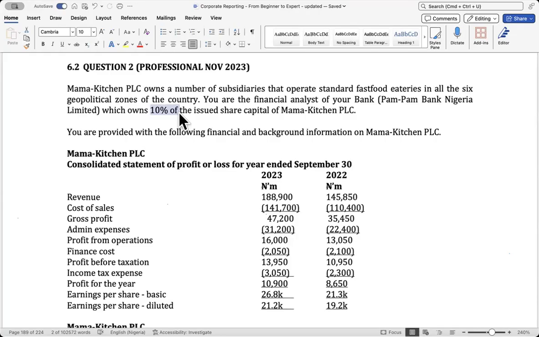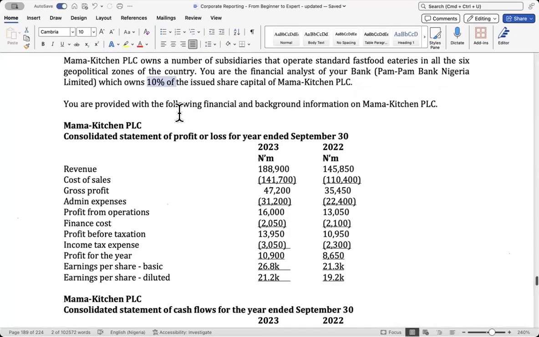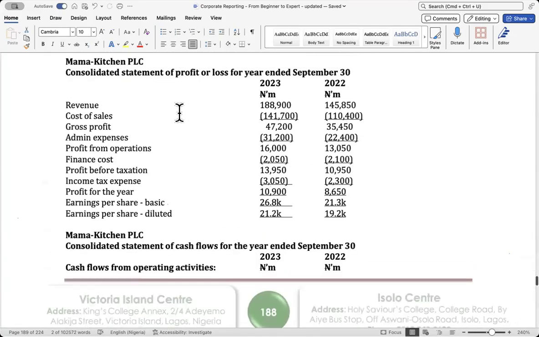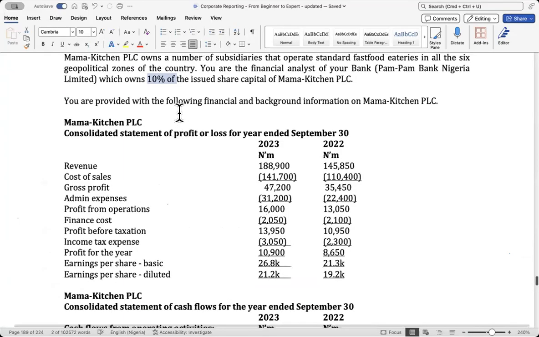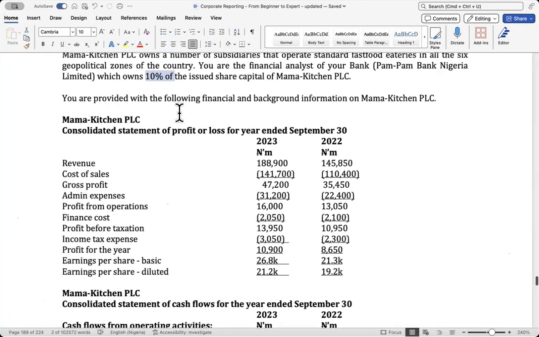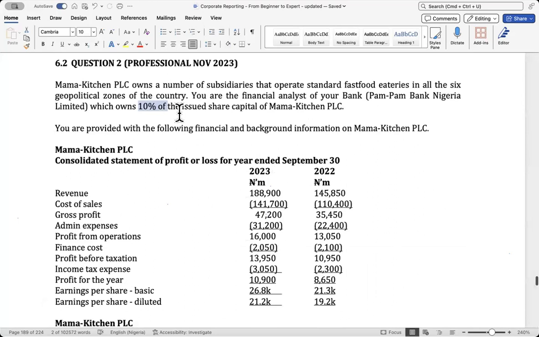So why are they now asking us to analyze it? No particular reason. They just want us to analyze it. No problem. So it's not like we want to acquire more. I mean, maybe he has the intention, but it's not stated here anyways.